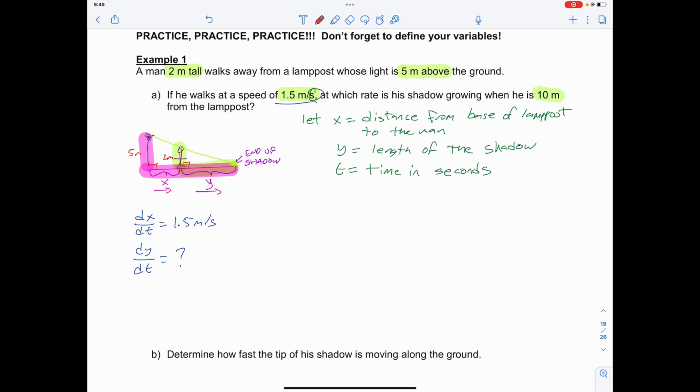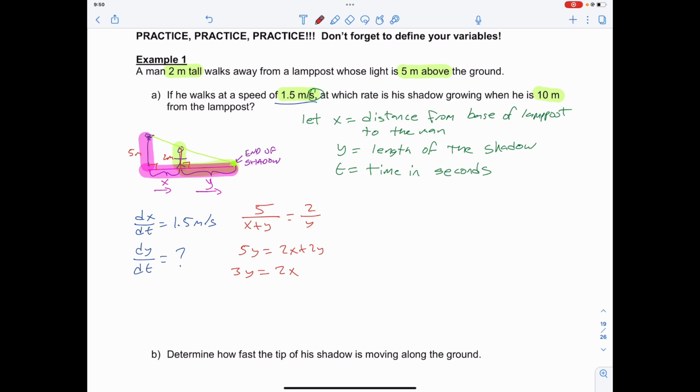Which means that the opposite, 5, divided by the adjacent, which is x plus y, has to equal the opposite of the smaller triangle, 2, divided by the adjacent, which in this case is just y. Well, when I multiply that x plus y and y out of there, I get 5y is equal to 2x plus 2y. I'm going to move the y's to one side, and so I'm going to get 3y is equal to 2x.